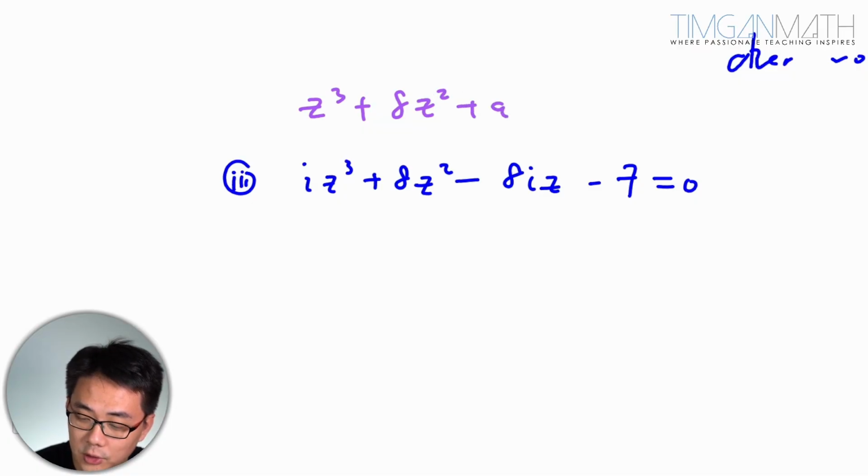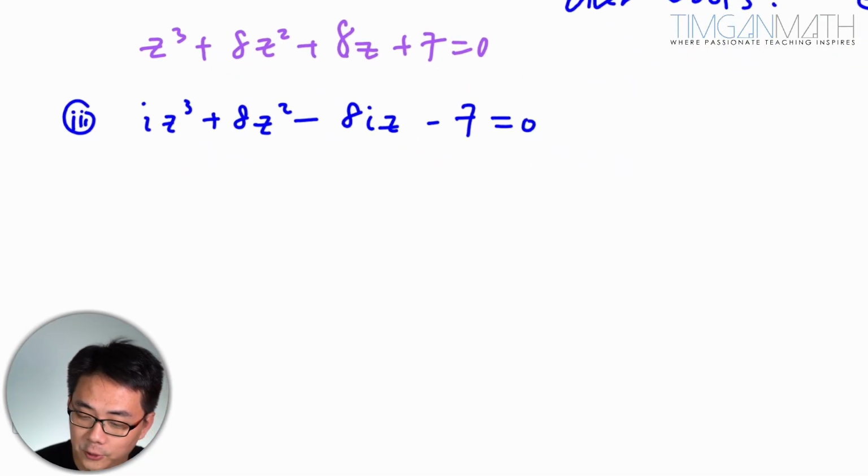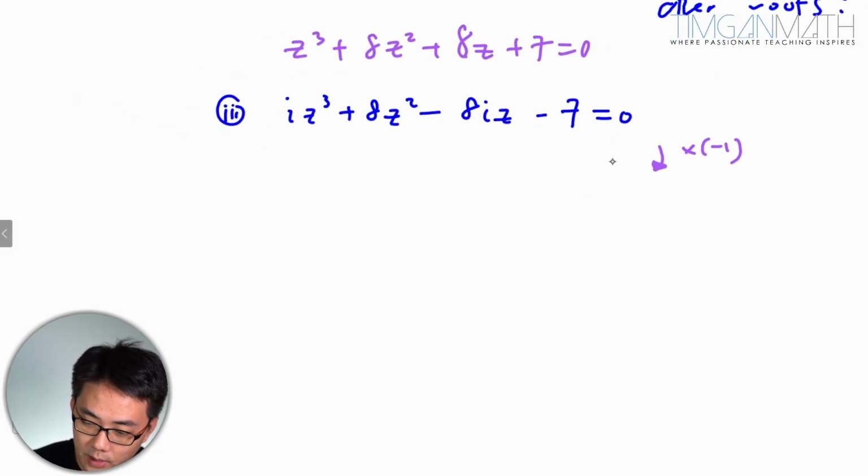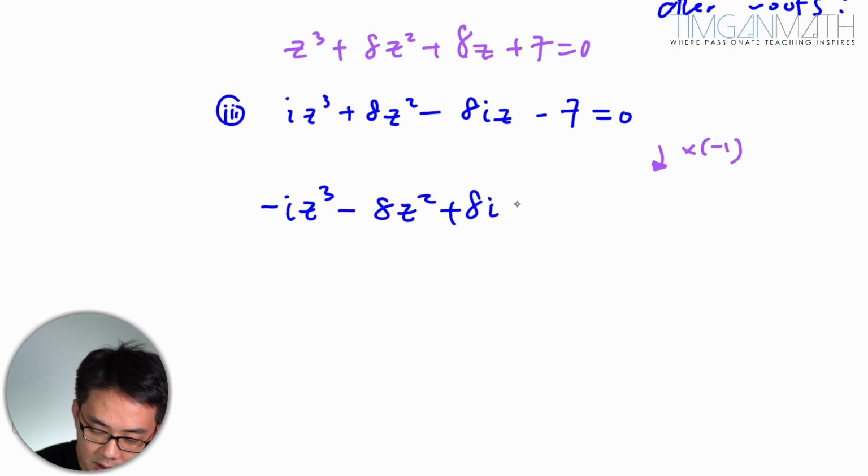This is what I need to change to. The first thing I need to do is change this to positive, so multiply this with negative 1. Then this becomes minus iz cubed minus 8z squared plus 8iz plus 7 equals 0.